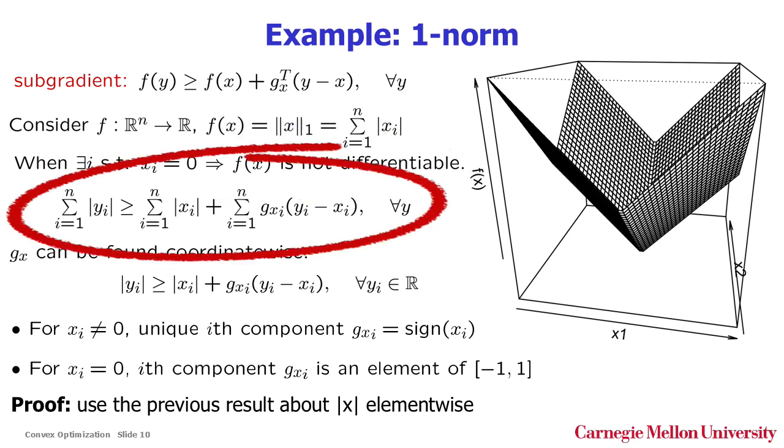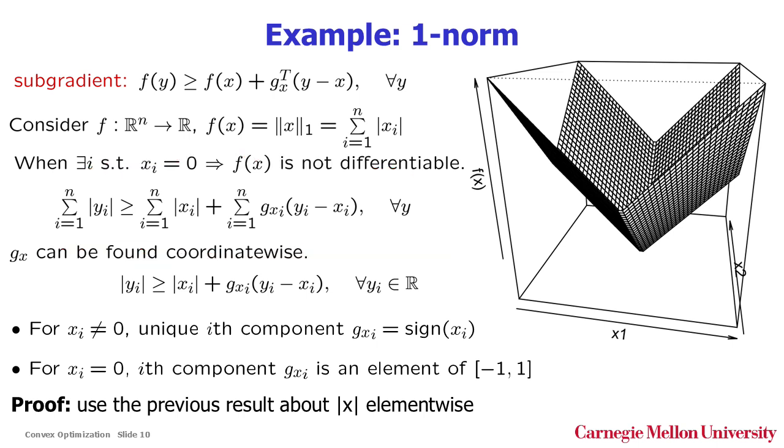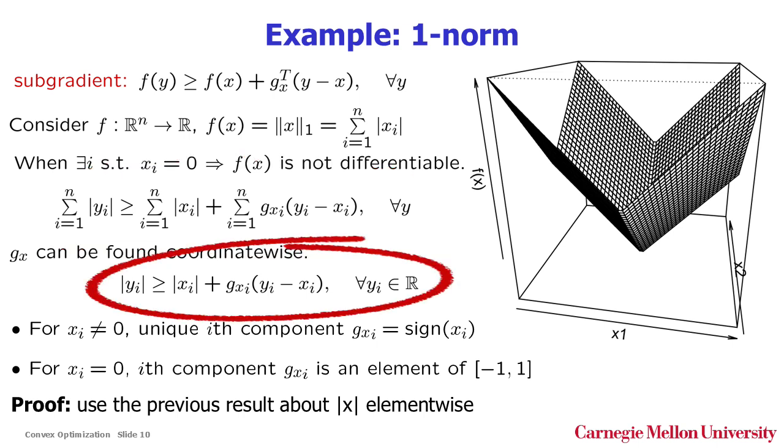By the definition of the subgradient, we just need to find those g vectors with which this inequality holds. Looking at this inequality, it's easy to see that the subgradient gx can be found coordinate-wise. That is, we just have to find those gxi coordinates where this inequality holds for all i coordinates.